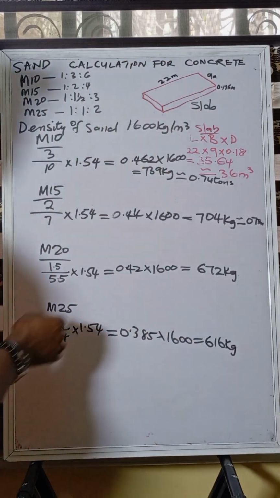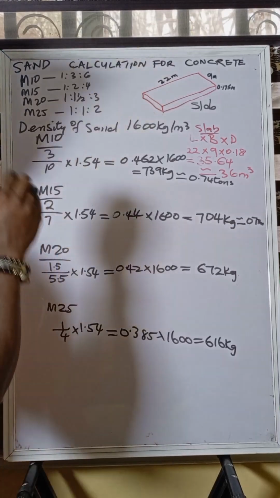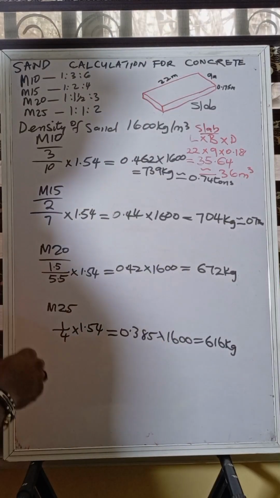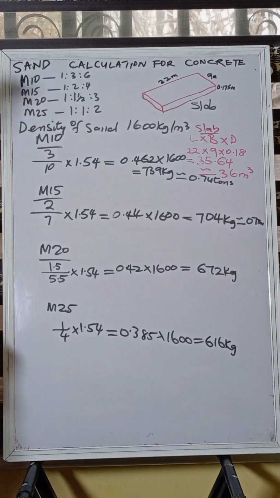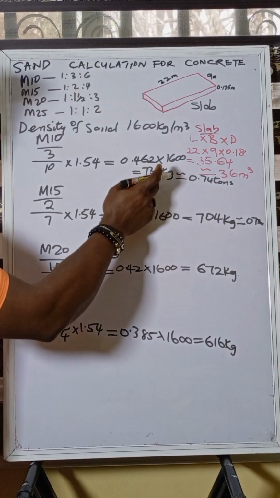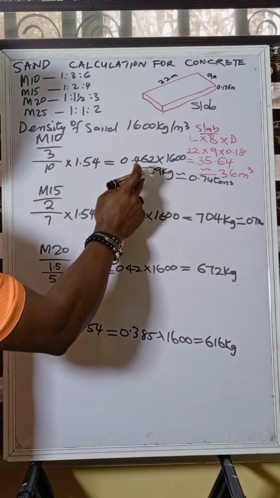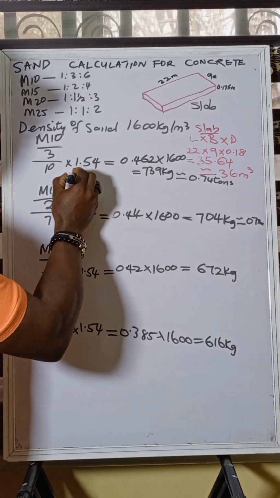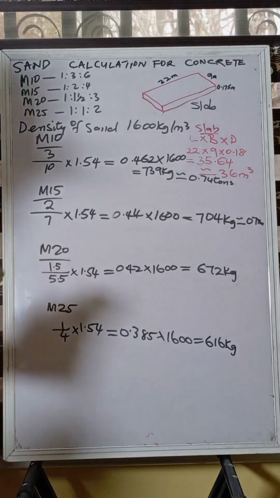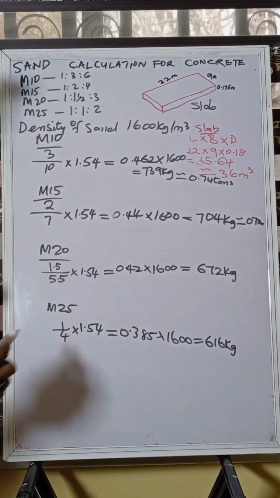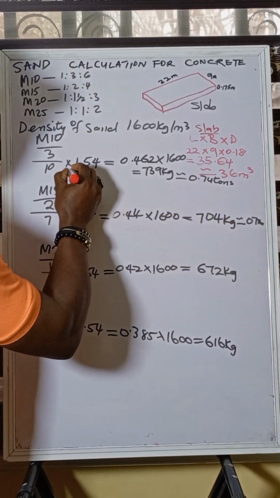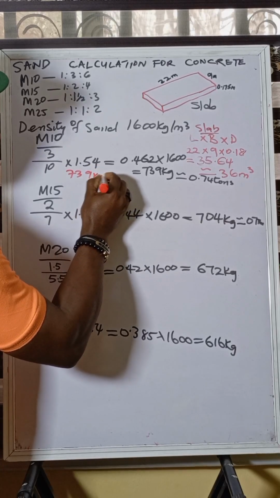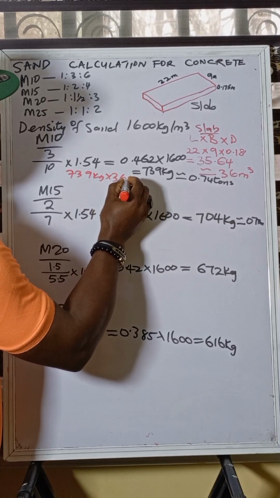So for us to determine the quantities of sand required for this 36 cubic meters of concrete, what we'll do is come to where we have M10, which is 739 kg, multiplied by 36 cubic meters.